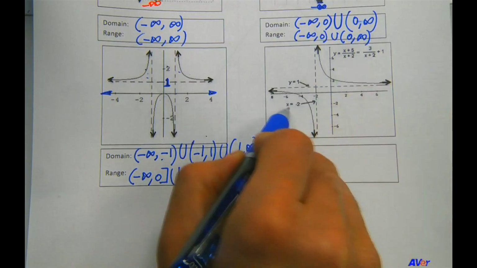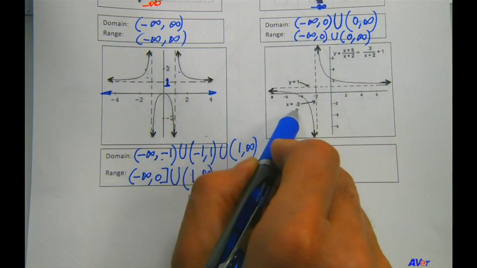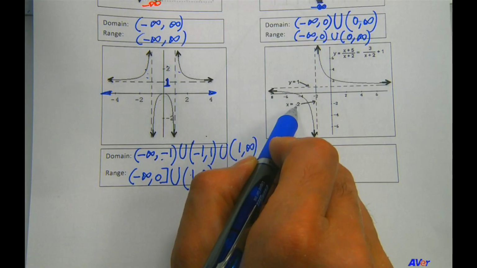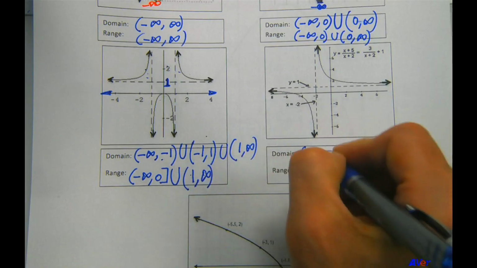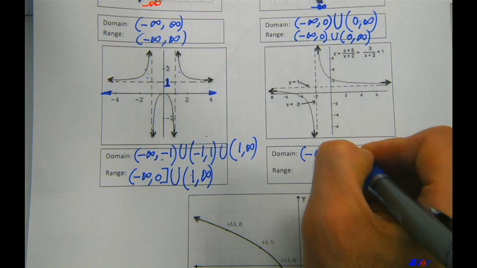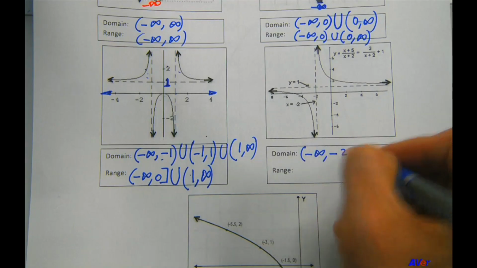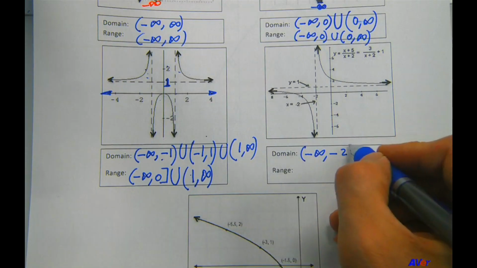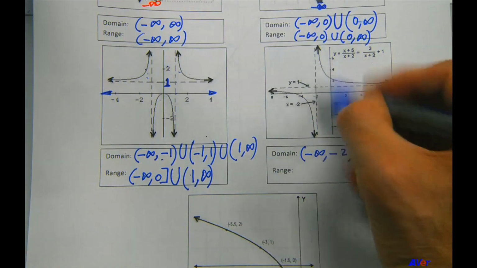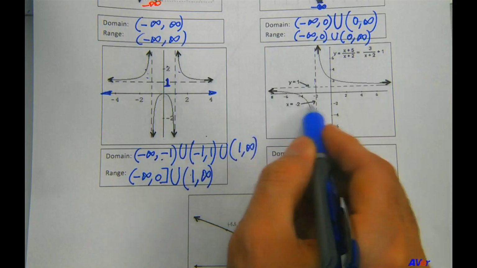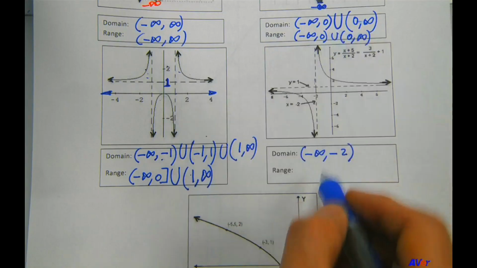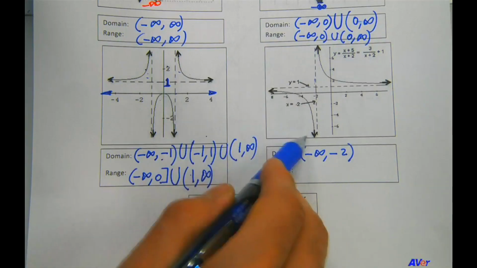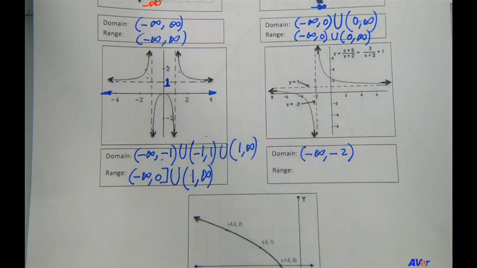And if you can see it on the screen, it's x equals -2. So the domain is negative infinity, comma, -2, parenthesis or bracket? Parenthesis. If you said parenthesis, it's correct because x equals -2, which is that line, is an asymptote. So the graph can never touch -2. So it'll be a parenthesis.